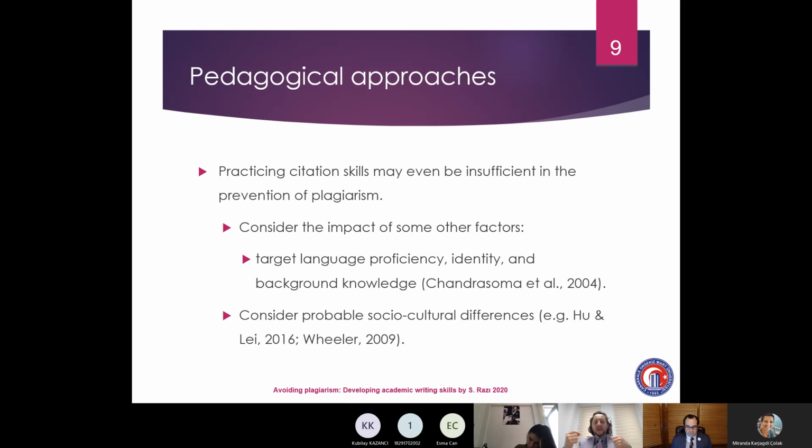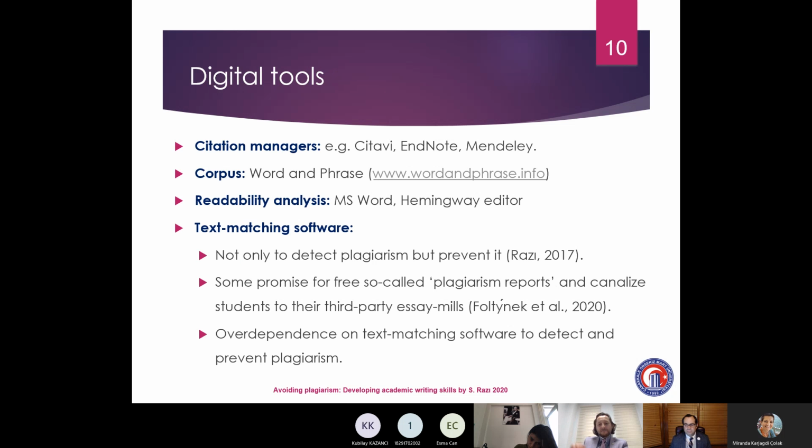I mean, how we maintain our communication with the other people, with our colleagues, with our students, and how is it reflected in student assignments. So even in daily life instances, we see that it has an impact on many aspects. So unavoidably, it will be affecting also our academic writing styles.